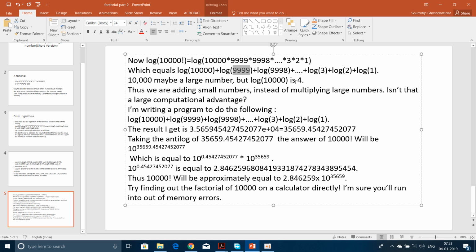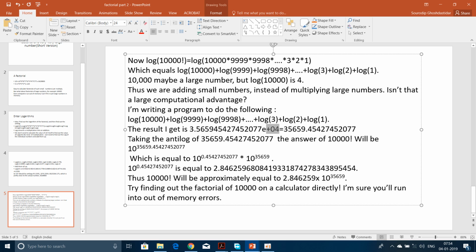So how difficult is it to add 4 to a number less than 4, to a number lesser than that, all the way down to 0? It's pretty easy. Instead of multiplying these huge numbers, 10,000 into 9,999, you're just adding 4 to a number less than 4 to a number less than that. So it's a large computational advantage. You can just write a computer program to add these small numbers. The result I get by adding this is 3.565 into 10 to the power of 4.